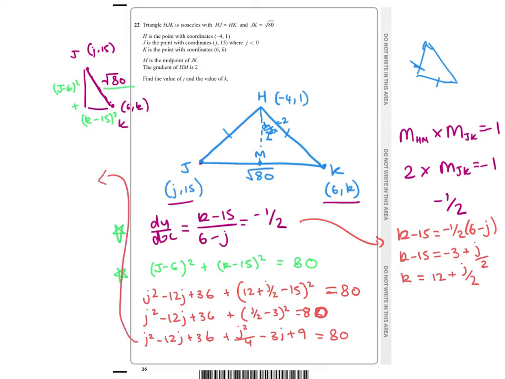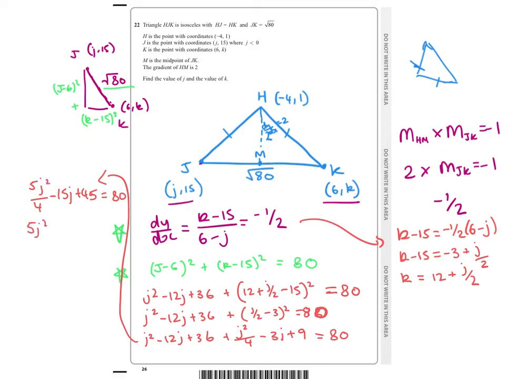Okay, so now I'm going to add like terms. So I'm going to get j squared plus j squared over 4, 5j squared over 4, minus 12j minus 3j, minus 15j, and then we're going to get 36 plus 9 plus 45 equals 80. Now what I'm going to do is multiply everything by 4 to get rid of this fraction.